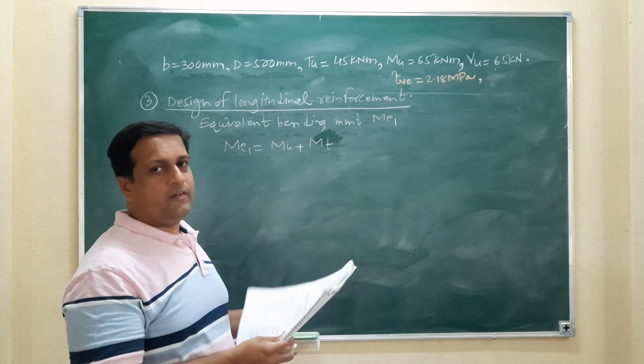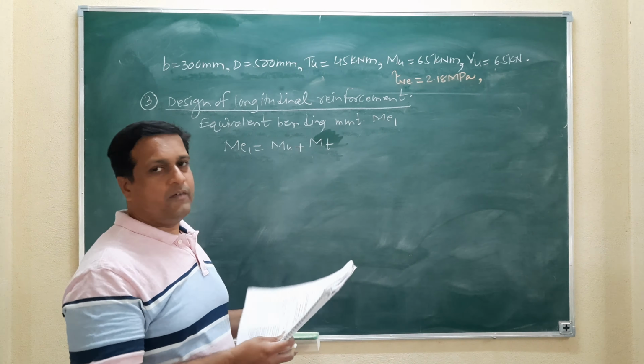Now, how to find out the steel for this moment? First, you have to check whether the section is acting as an under-reinforced section or not. For that, you have to find out MUR balance. MUR balance is RU balance into BD square.